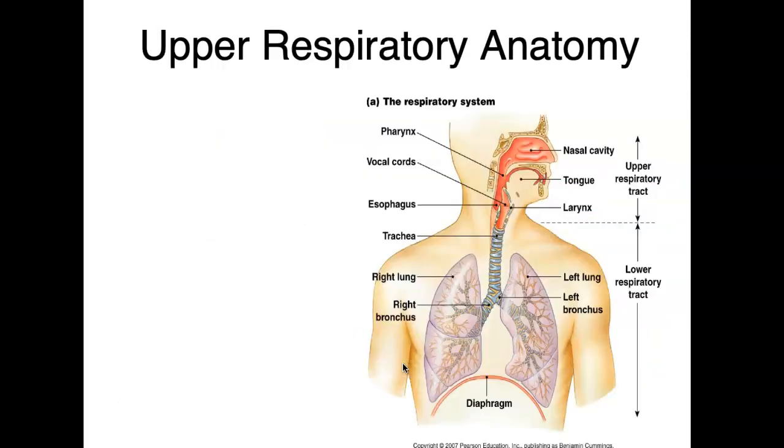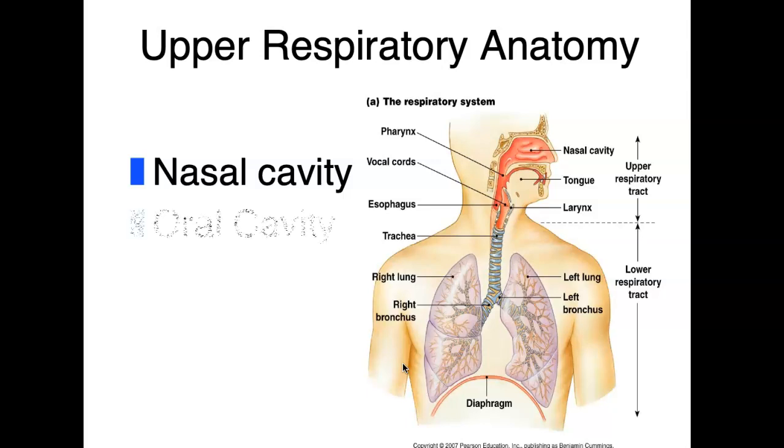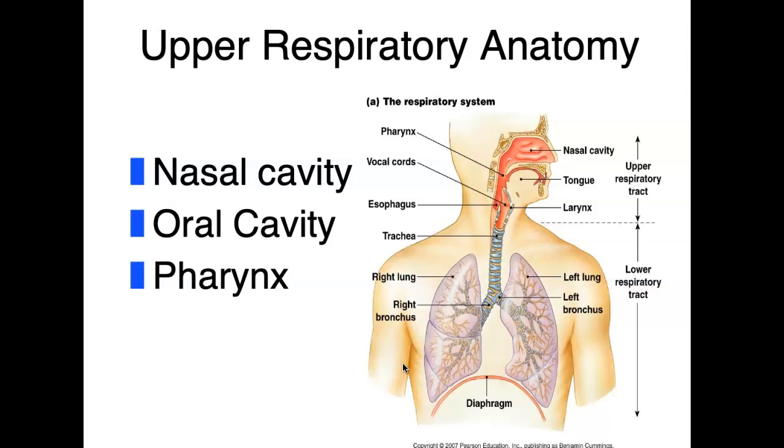So now we look at ours. First of all, the language, the vocabulary here for upper respiratory anatomy. We would start out with the nasal cavity. So you're bringing air in through the nasal cavity and coming in possibly through the oral cavity also. You're breathing through either one. And then reaching the pharynx.